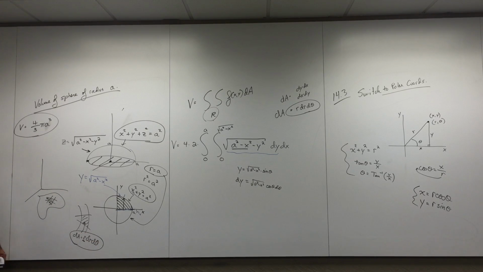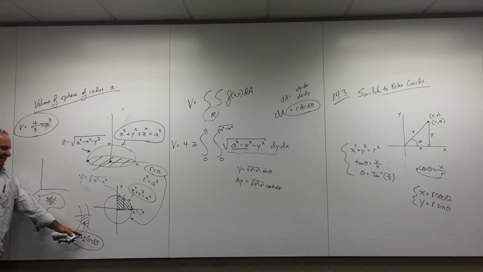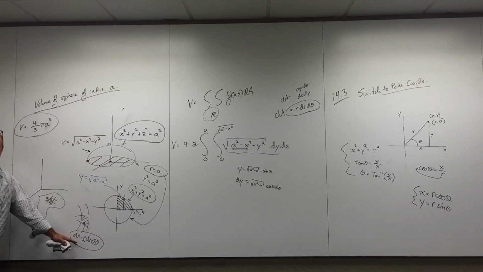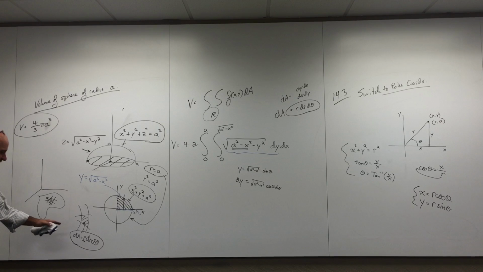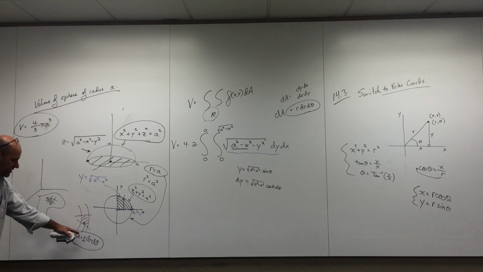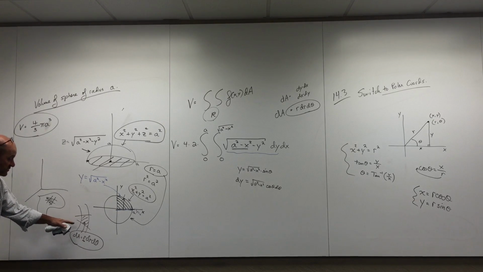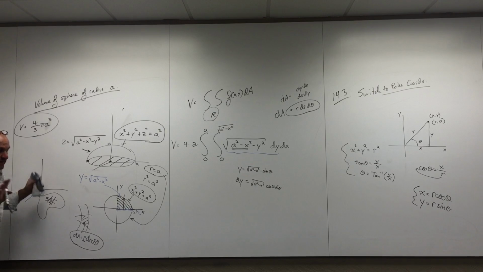If you think like a pirate, you go r dr d theta. It kind of helps. There's more to this explanation, but it's because we have different geometry going on: little teeny sectors of circles rather than little rectangles.